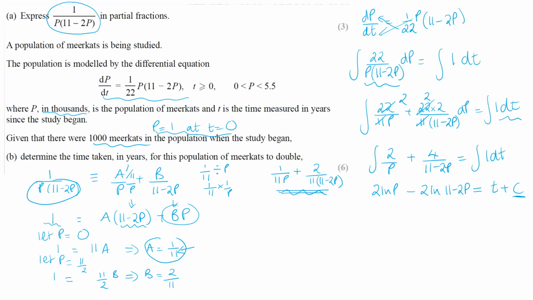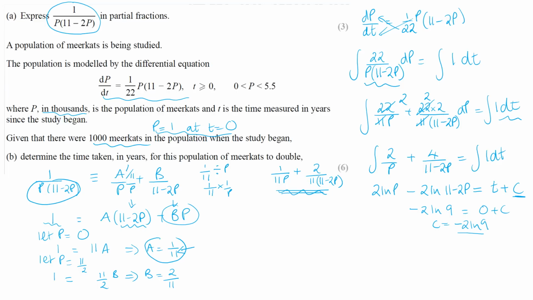So when p is 1, we've got 2 the ln of 1, which is 0, minus 2 the ln of 11 minus 2, which will be 9, is equal to 0 plus c. So c is equal to minus 2 the ln of 9.